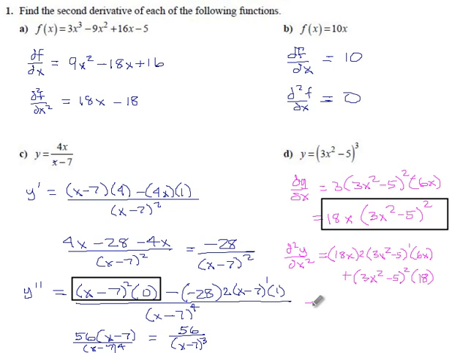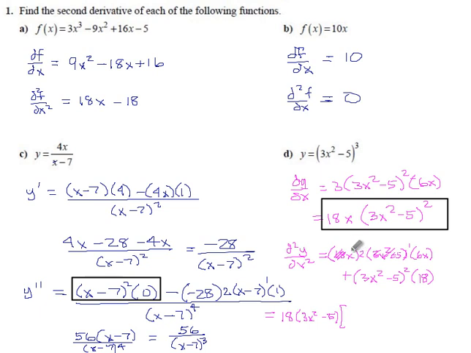If we clean all that up, let's see, what can we clean up here? We could factor an 18 out of both terms. We could factor a 3x squared minus 5 out of both terms. I'm trying to factor aggressively because I'm hurting for space here. If we take out an 18 and a 3x squared minus 5, this first term has lost its 18, it's lost its 3x squared minus 5.